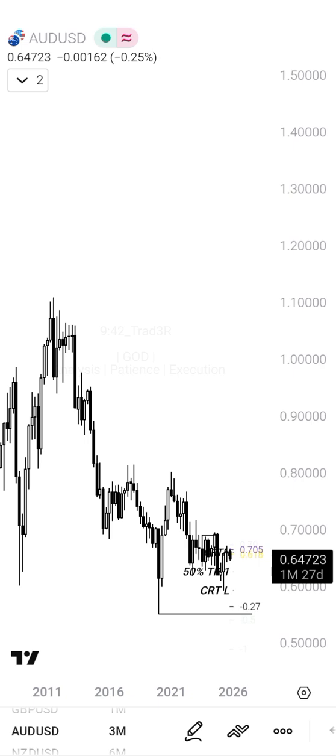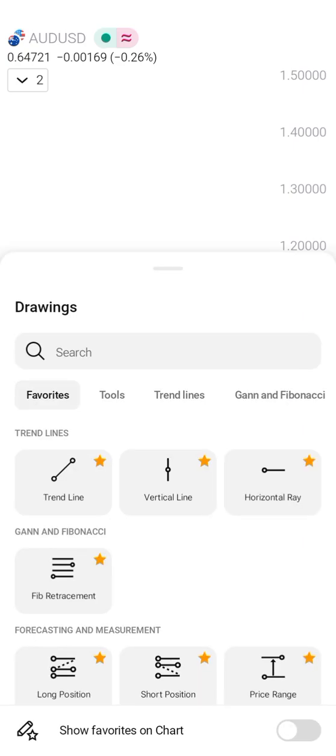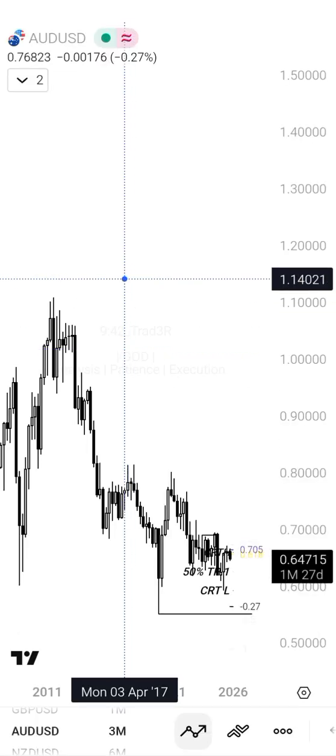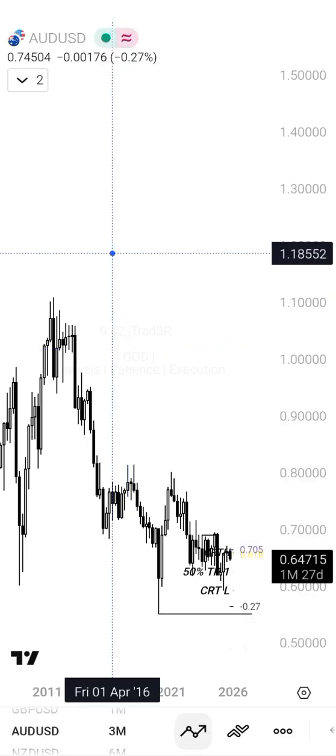So what are the things one can use to identify higher time frame trend? First on the list is your basic higher highs and higher lows, and lower highs and lower lows.